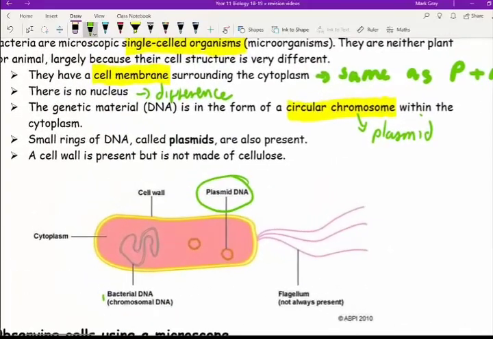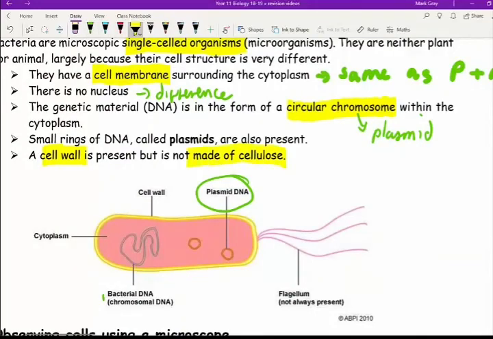And the final thing is, they've got a cell wall, so that's similar to plants, but it is not made up of cellulose. Okay?